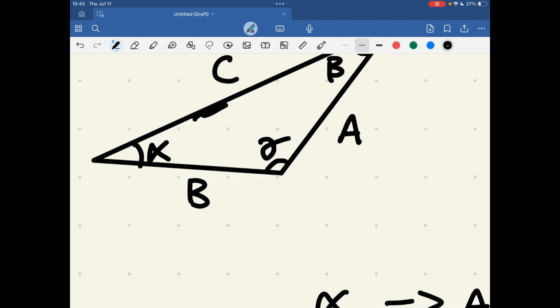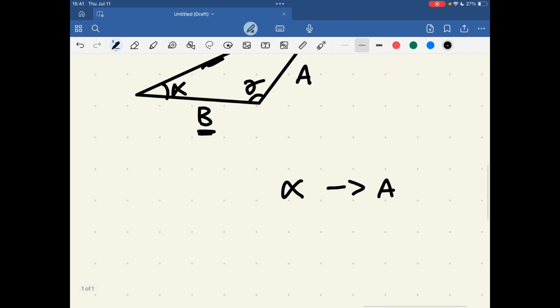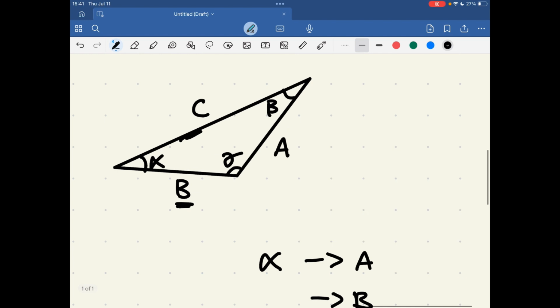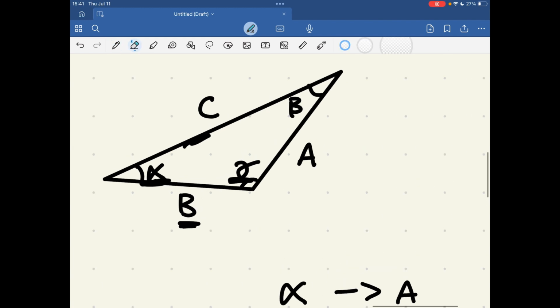Now, which angle belongs with B? Which angle opens up to B? Is B opened up by alpha? No, because alpha already opens up to A. Does gamma belong to B?